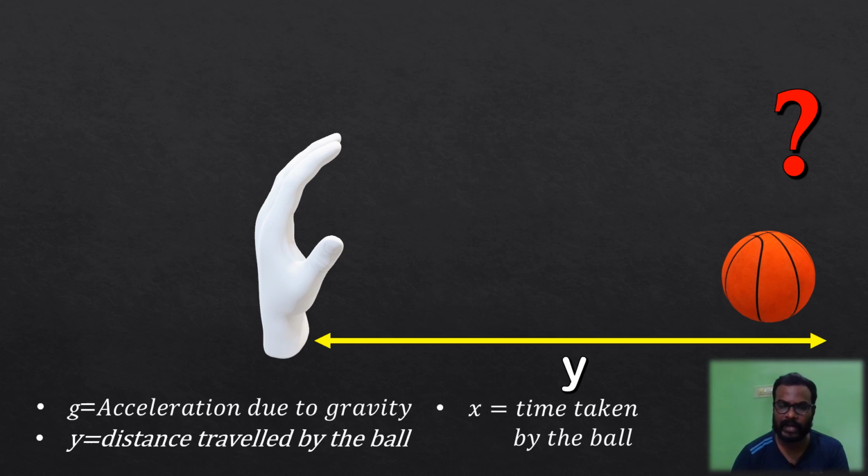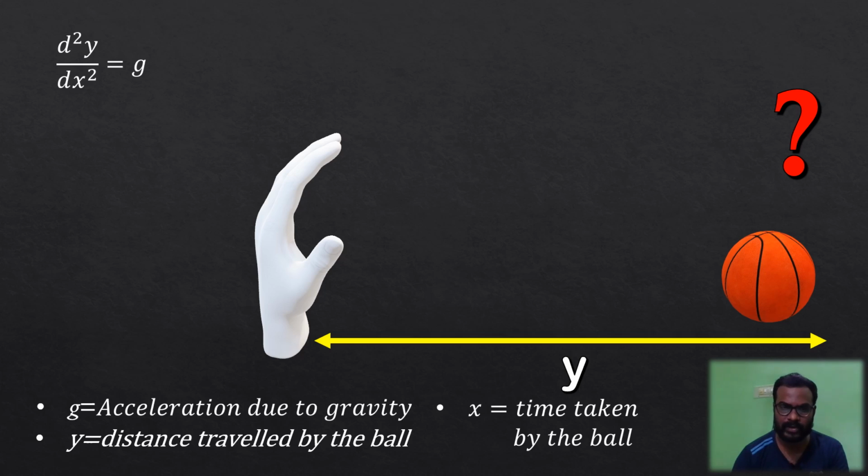Y is the distance traveled by the ball, which we are going to find. As you know, according to the laws of physics, acceleration due to gravity is 9.8, a constant.